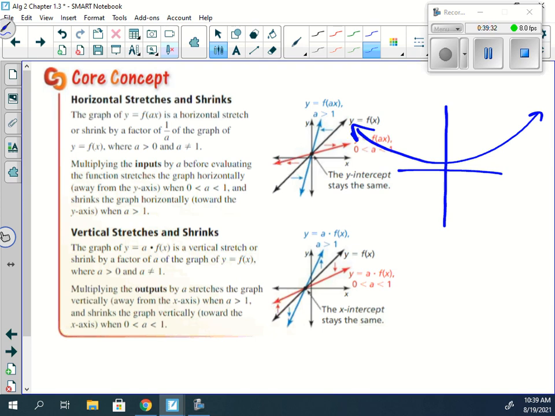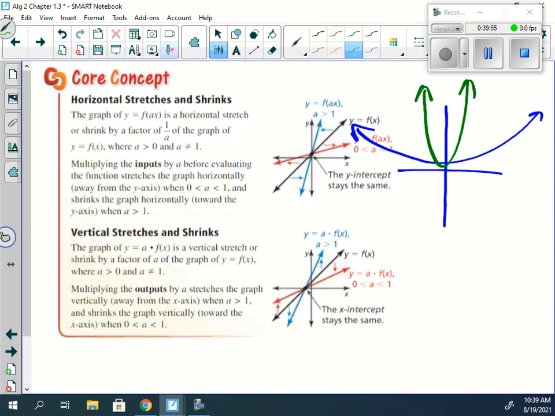But how is it moving along the vertical? Slower. If it's moving slower along the horizontal, close together, it means it's moving faster along the vertical. And they're not interchangeable because they affect different parts of the function.